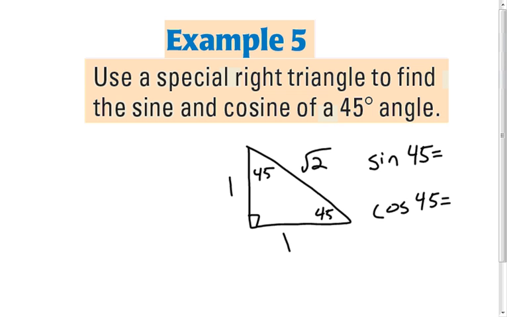The sine is the opposite, which is 1, over the hypotenuse, which is radical 2. Cosine is 1 over the hypotenuse, which is radical 2. Can we leave that as 1 over radical 2? Not right now, you can't. Maybe later on. So that means that we have to multiply top and bottom by radical 2 over radical 2.